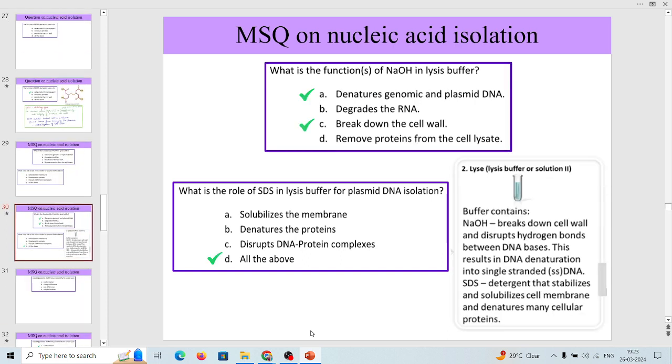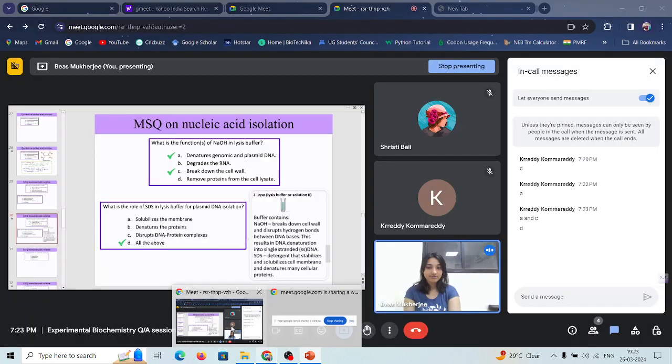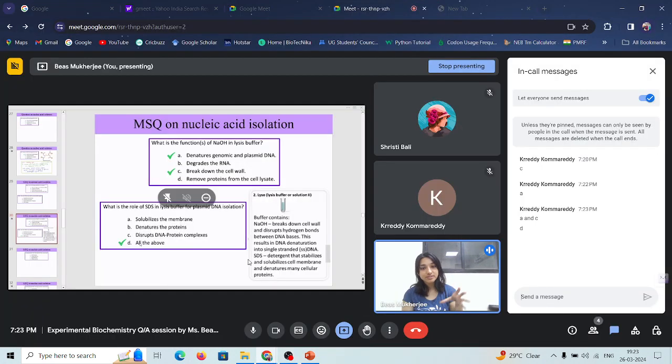Right. So you can have a look at this. When we were studying the isolation of plasmid DNA, we looked into the function of the lysis buffer. Lysis buffer contains NaOH and SDS. So NaOH is going to break down the cell wall and disrupt the hydrogen bonds between the DNA bases, right?